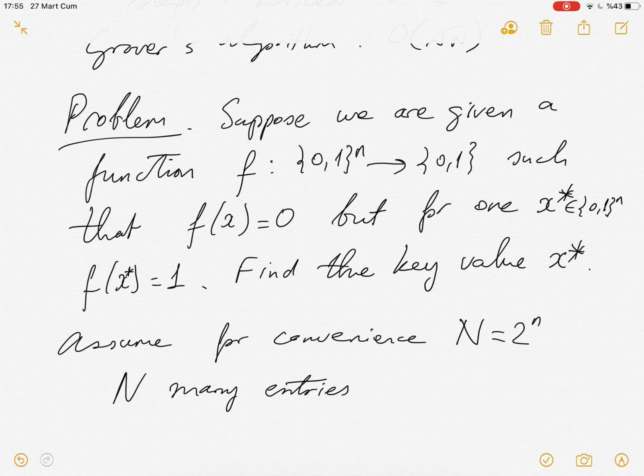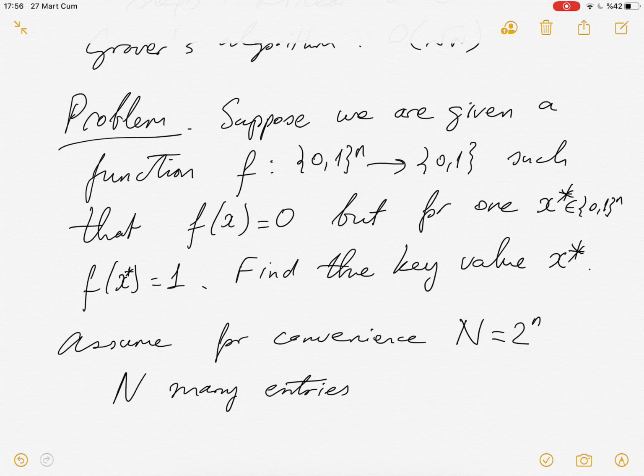We're assuming for the moment that we have only one key value that satisfies this functional property. Of course, if our list was ordered, then we could solve this problem more efficiently than linear time by using binary search, in logarithmic complexity. But in the worst case, if we have an unstructured list, the complexity will only be linear time.